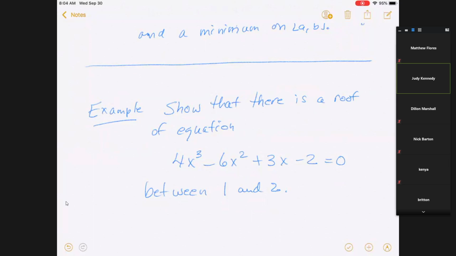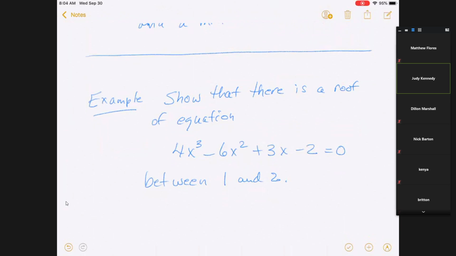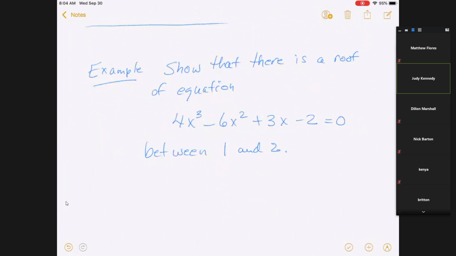Let's use the intermediate value theorem to show that there is a root of the equation 4x cubed minus 6x squared plus 3x minus 2 equals 0 between 1 and 2. Well, a root means an x such that when you put that number in, you get 0, right?